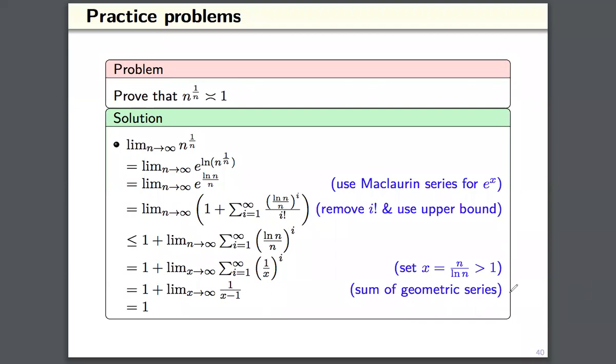So when n goes to infinity, log n over n will go to 0 quickly. So that's e to the power of 0. If you look at e to the power of log n divided by n, let's forget about the e. Let's just look at log n over n. When n goes to infinity, this goes to 0.